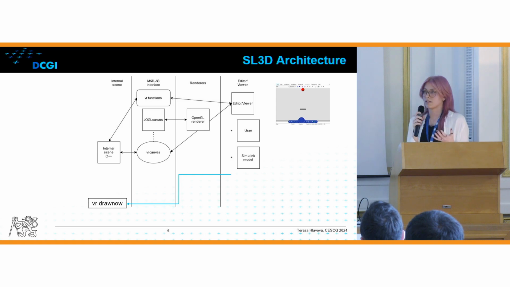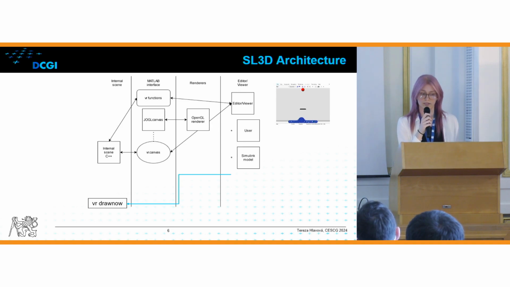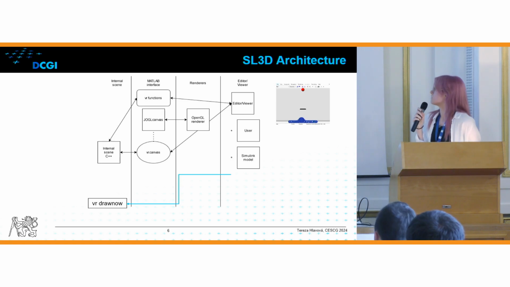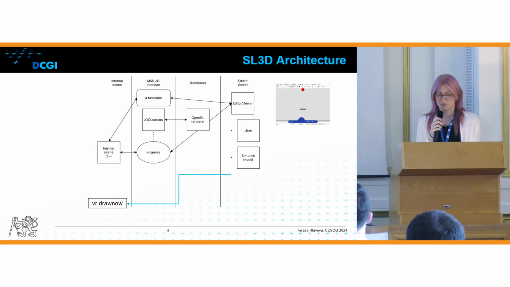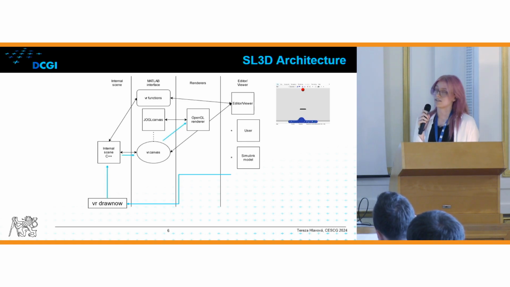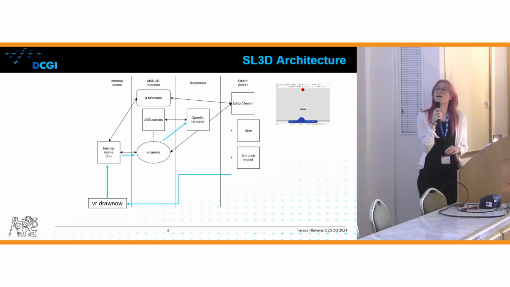But when we want to animate something, we usually want to bundle multiple modifications of the scene together into one animation step, so it doesn't get rendered after every modification. We have a function, VRDraw now, to call the scene traversal and render the scene with OpenGL and embed it into the canvas so the user can see it.